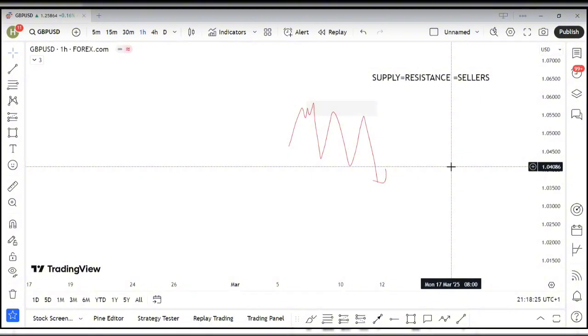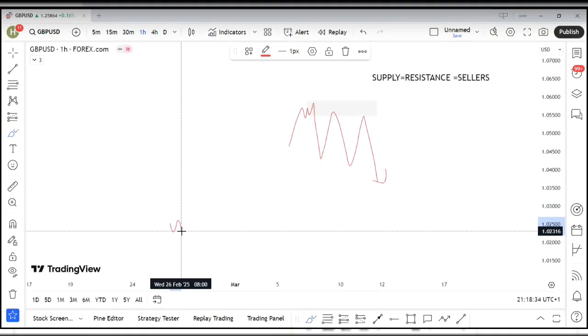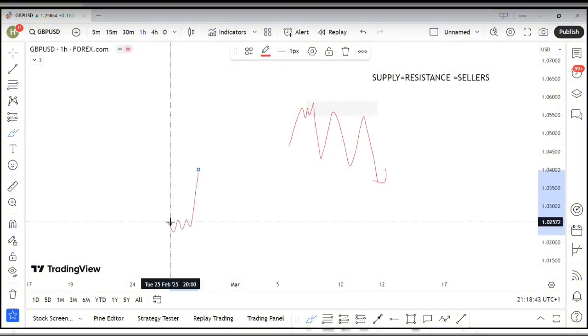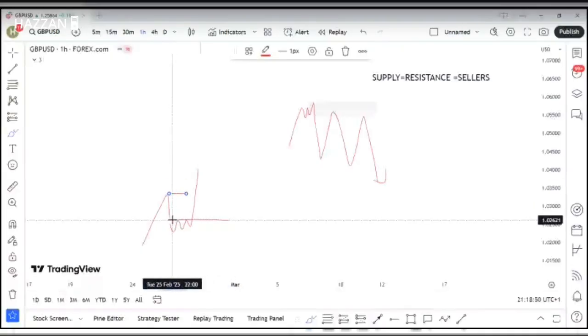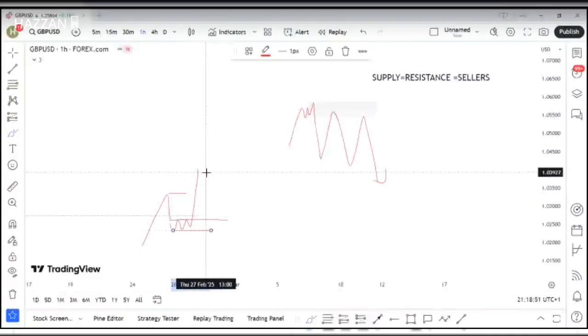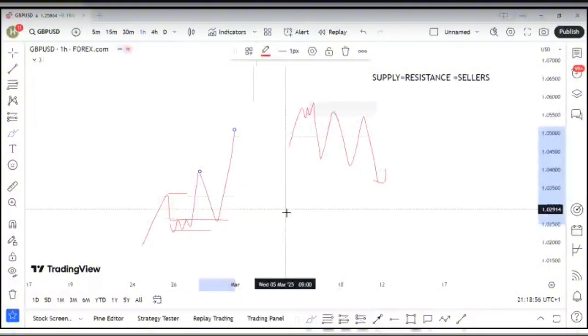How to identify a break of structure is for another class; here we just focus on supply and demand. So we see something like this in price: price pulls back after the break. This is our demand zone that we expect price to pull back to and trigger our orders before the continuation.